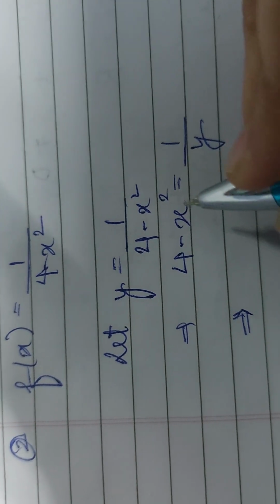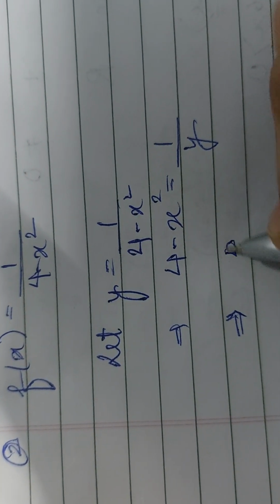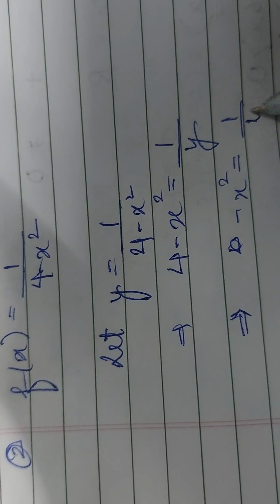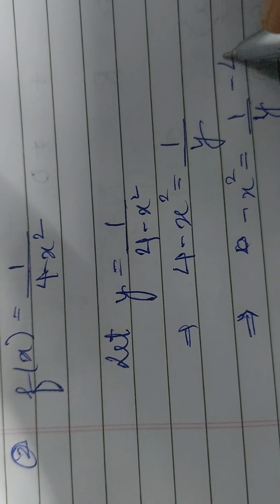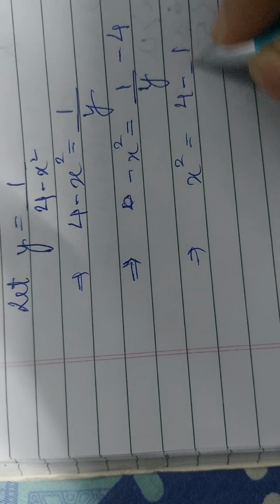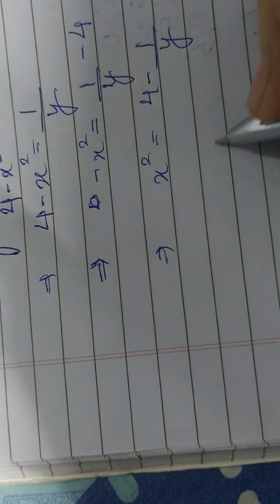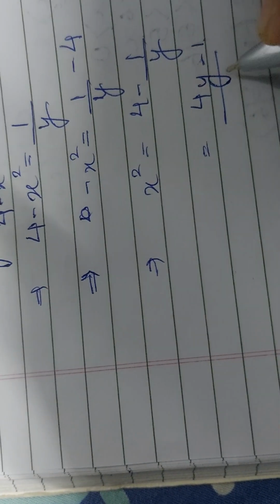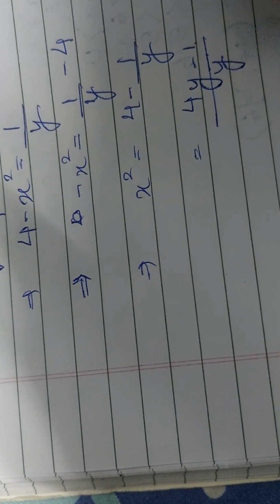So 4 minus x square equals 1 by y, so x square equals 4 minus 1 by y, which is (4y minus 1) by y.